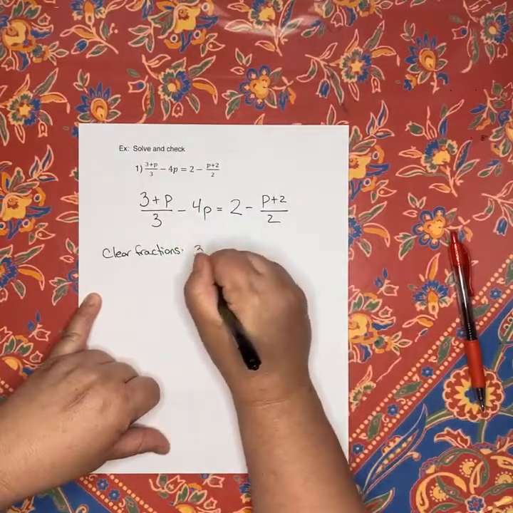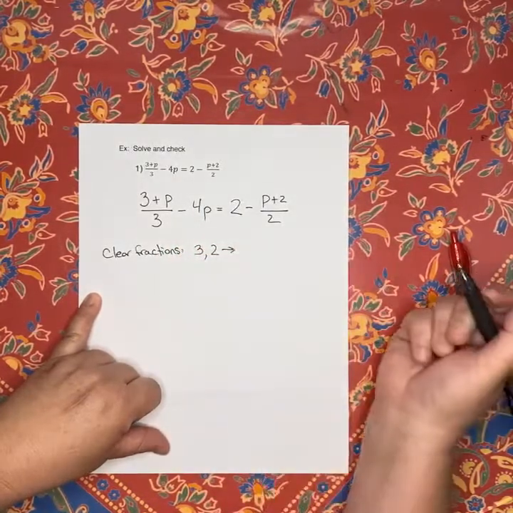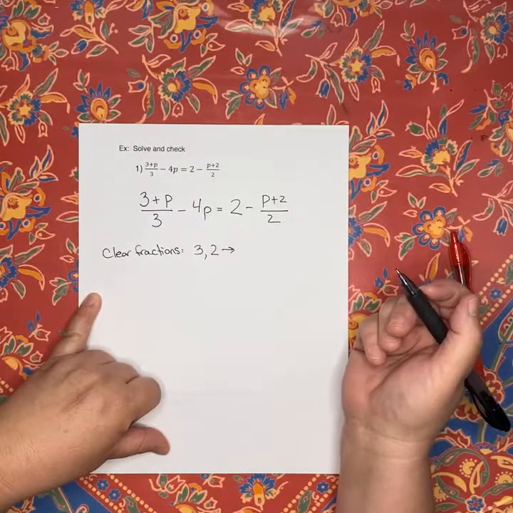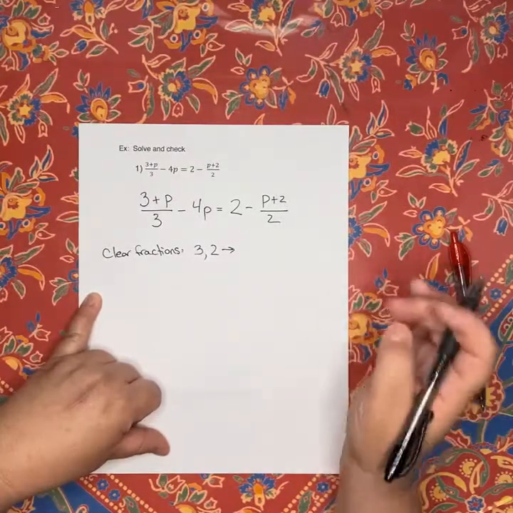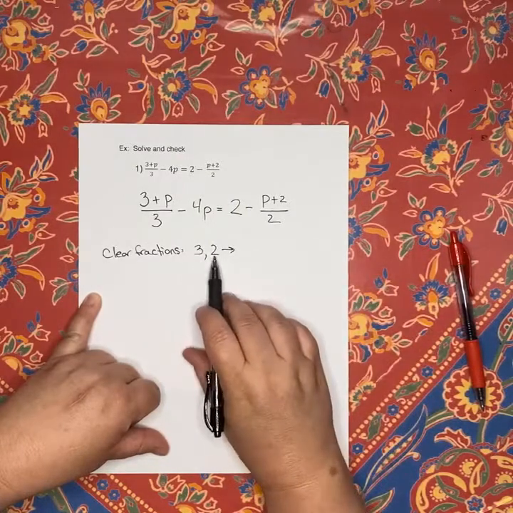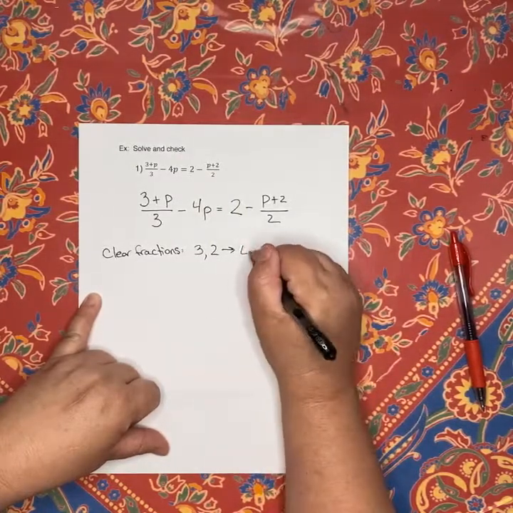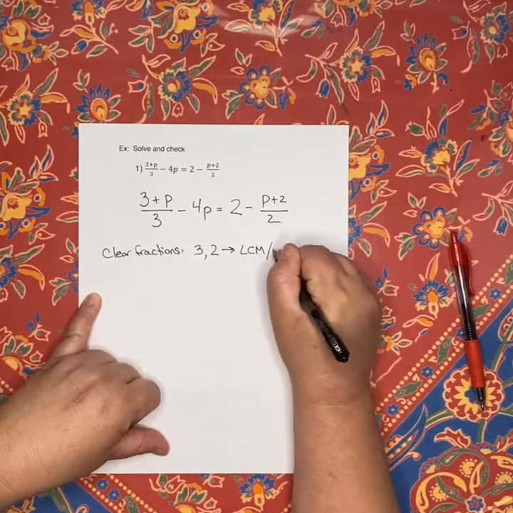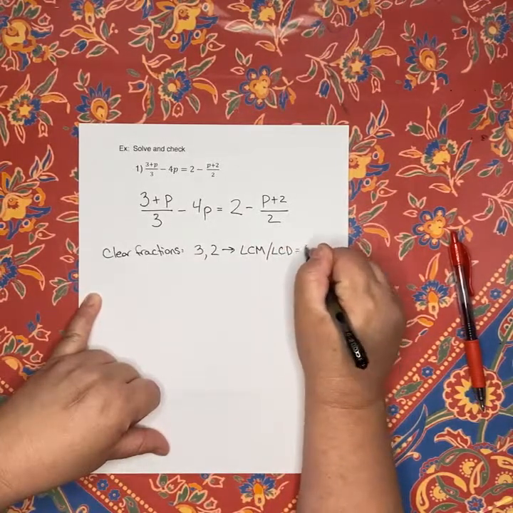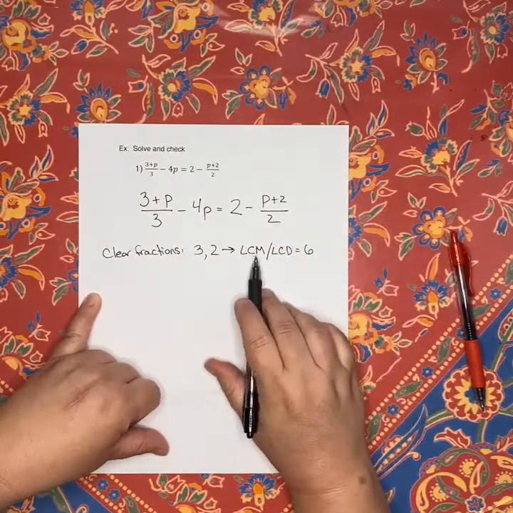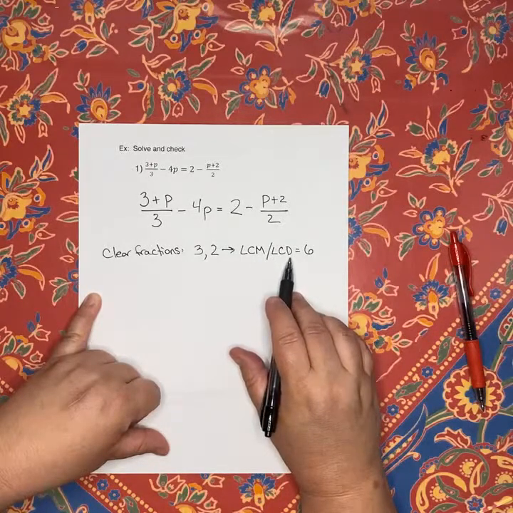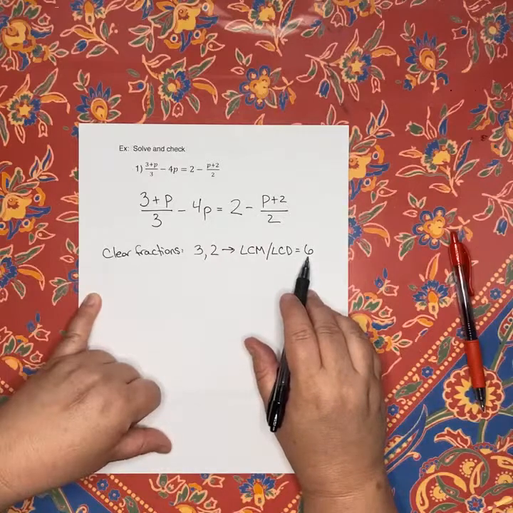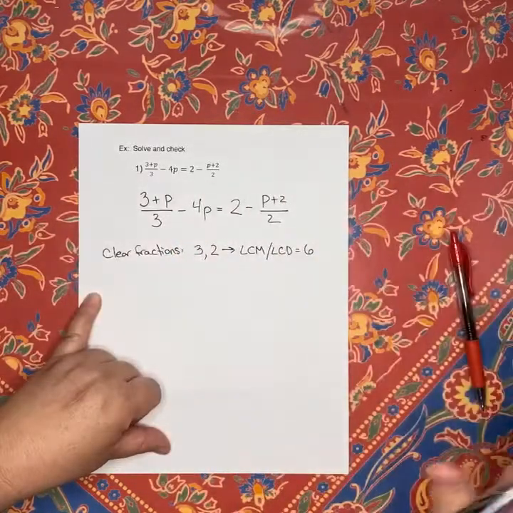So we've got a 3 and we've got a 2. So I need a least common multiple or a least common denominator. 3 and 2 both go into 6. So the LCM / LCD equals 6. Least common multiple, least common denominator. And then I'm going to take the 6 and I'm going to just spread it out.